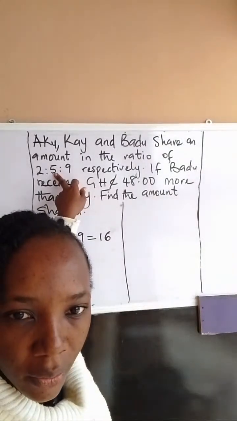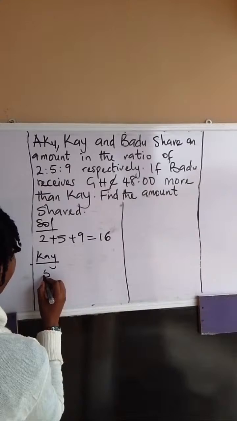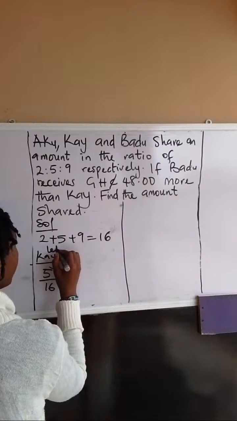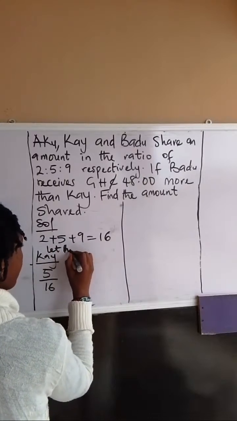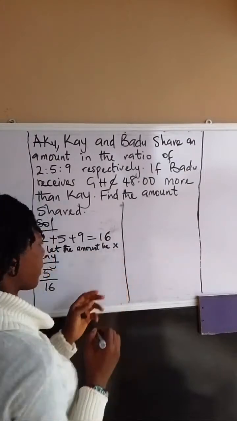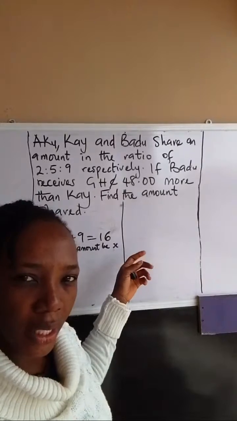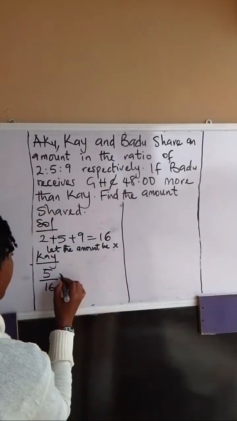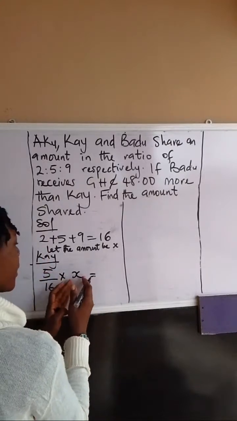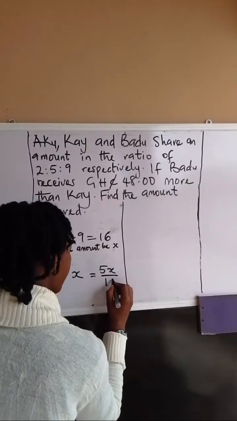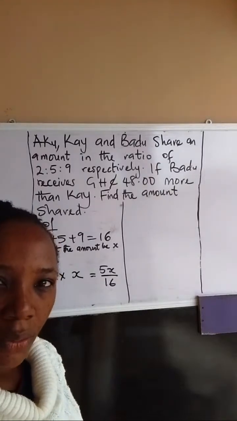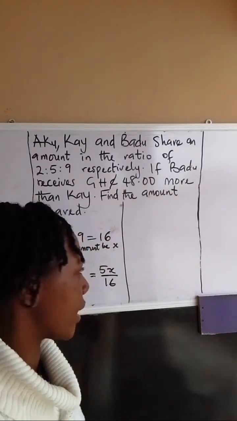Let the amount they shared be X. So times X: 5 times X gives us 5X over 16. This is what K receives from the amount that was shared. Are you getting it now?